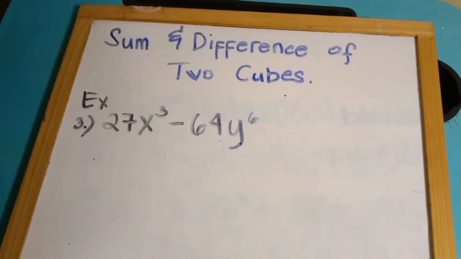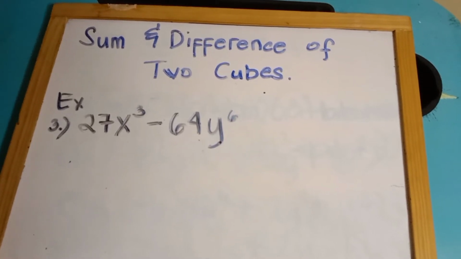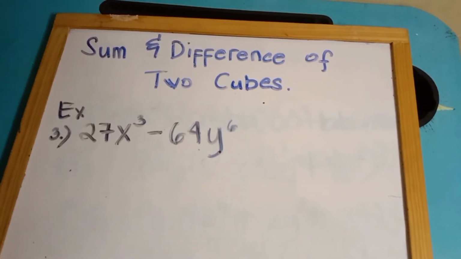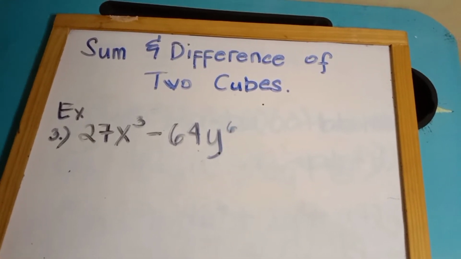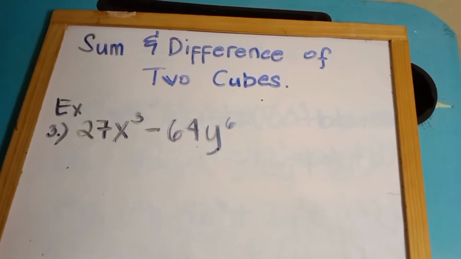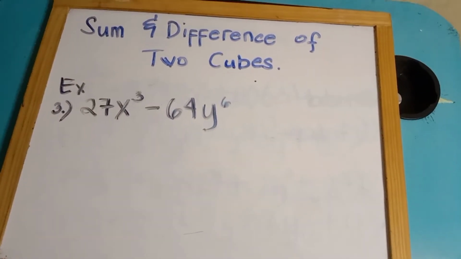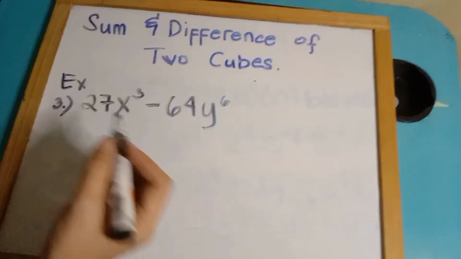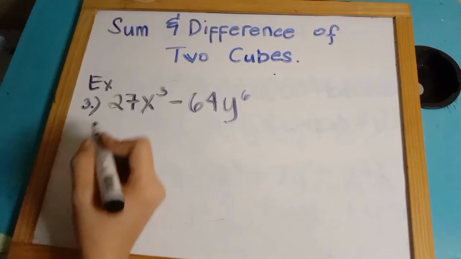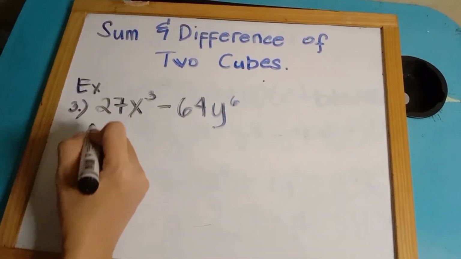Okay, so now let's have another example na pwede nating ma-encounter sa let. So let's have example number 3. 27x cubed minus 64y to the 6. So this is the difference of two cubes. So in our given example, pwede natin siyang i-rewrite as ano yung equivalent ng 27.